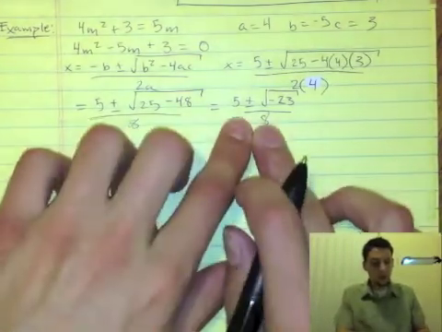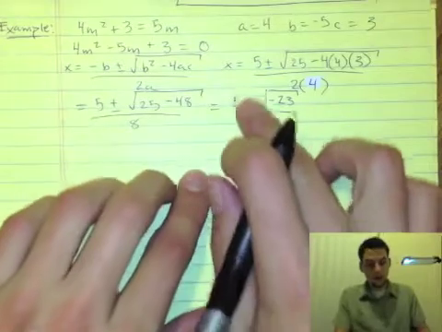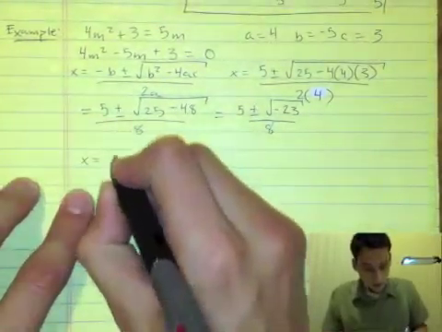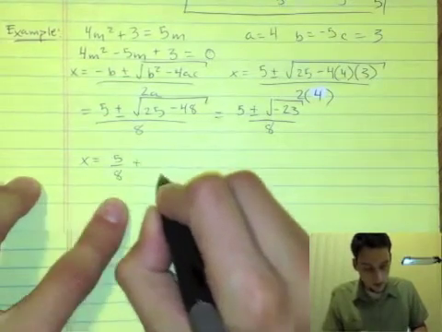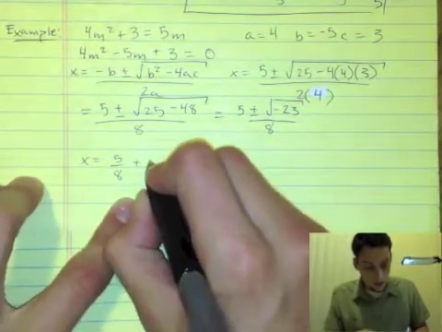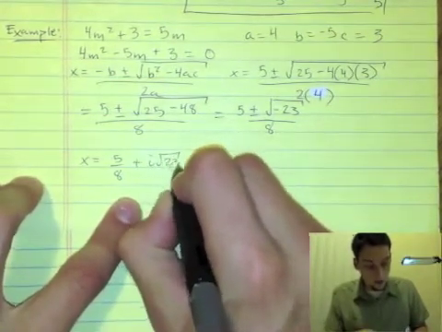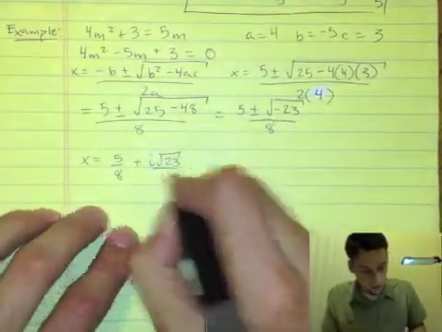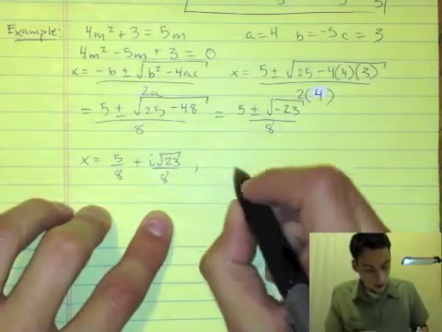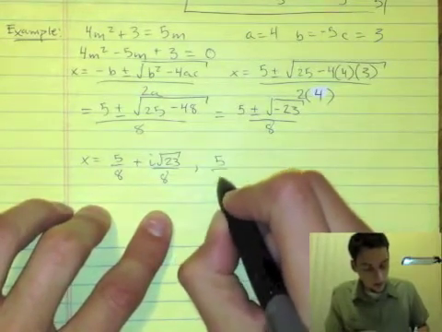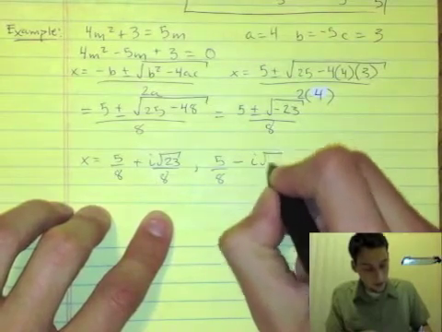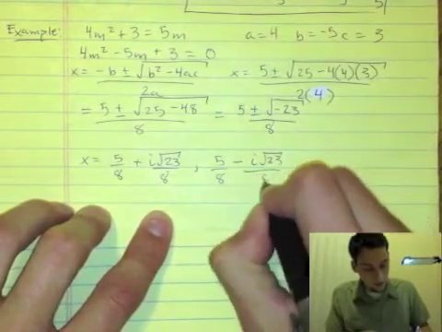And what I'm going to do is split up the denominator and also the plus or minus part. So x equals 5/8 plus i root 23, because square root of a negative is imaginary, over 8. And then the other one is 5/8 minus i root 23 over 8.